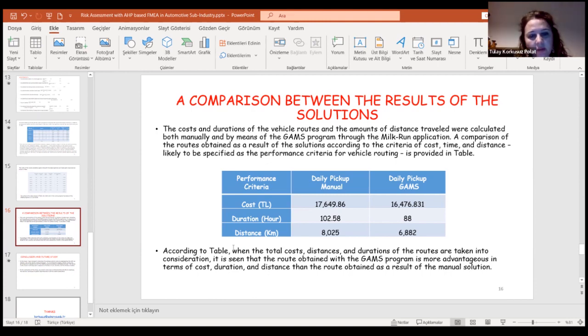According to the table, when the total cost, distances, and durations of the roads are taken into consideration, it is seen that the route obtained with the GAMS program is more advantageous in terms of cost, duration, and distance than the route obtained as a result of the manual solutions.